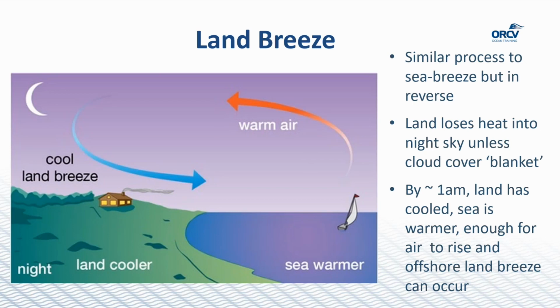It shifts east on the one hand because of Coriolis, on the other hand because the sun is still fairly active in the west. Sorry, the sea remains warm. The land cools quickly. By about 9 p.m. it's starting to become significant.